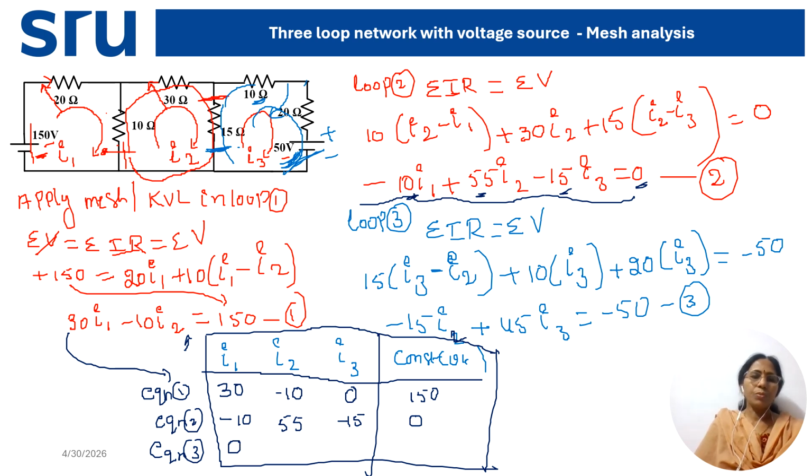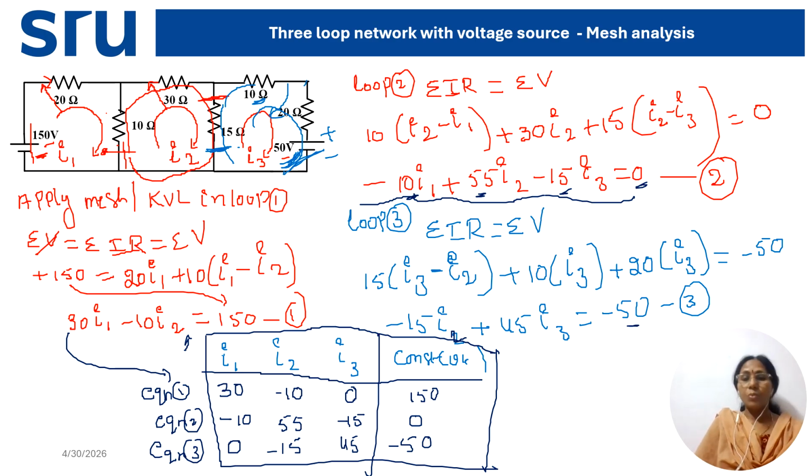Then the I2 multiplicand is minus 15 and the I3 multiplicand is 45. And what is the constant on the right side with the voltage source? It is minus 50. First of all, develop this table from the equations.